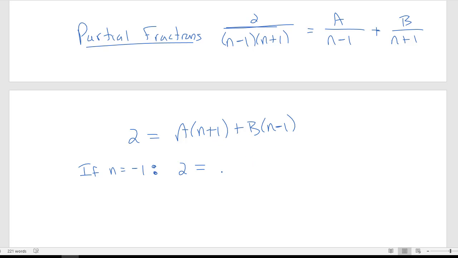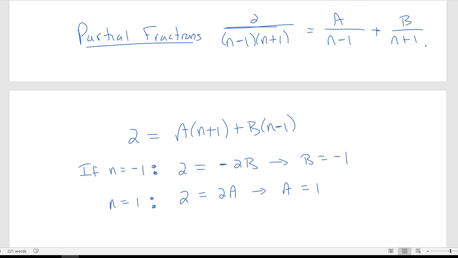Plugging in n equals negative 1, I get negative 2b, and so b is negative 1. And then if I plug in n equals positive 1, again, on the left-hand side, there is no n expression, so that stays 2. Plugging in n equals positive 1 in the b side gives me 0 times b, and plugging n equals positive 1 here gives me 2a, and I find out that a is 1.